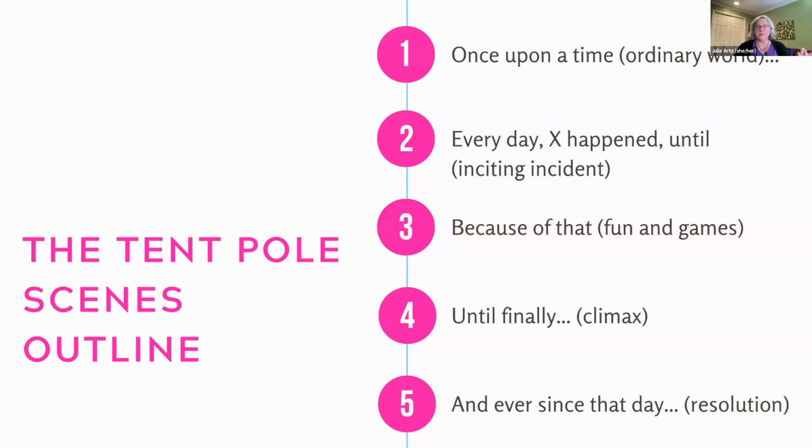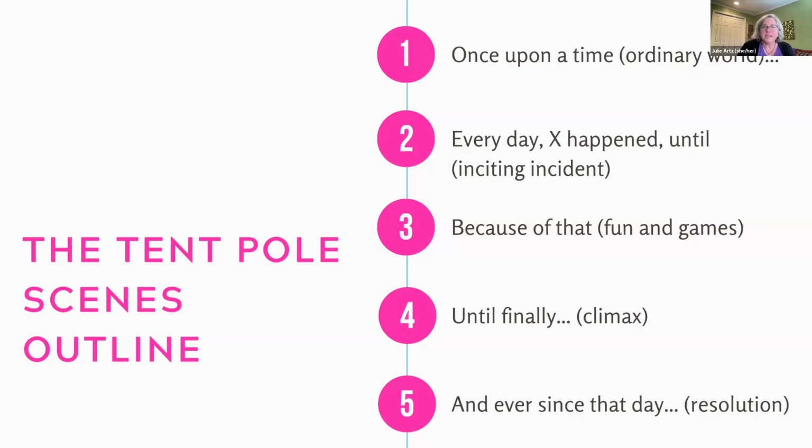But in most other genres, you are looking at the inciting incident happening about 25 to 33% of the way into the book. And so you have to do things in that ordinary world to show us what the character's story problem is, and to let us know enough about what they want and what is working and what isn't working in their lives that we'll understand when we get to the inciting incident why it's going to upset the fruit basket and turn everything upside down.